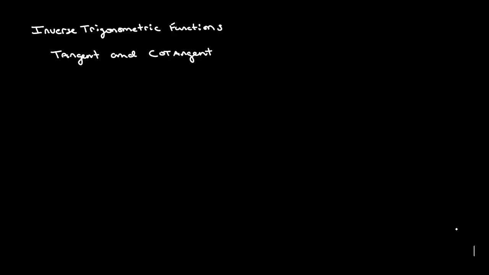Tangent and cotangent for the inverse trigonometric functions are slightly different, but they still have the same premise. So again, we'll deal with tangent first, and our notation is the following. The inverse tangent is denoted with this symbol and is not equal to 1 over tangent x, which would be cotangent x.